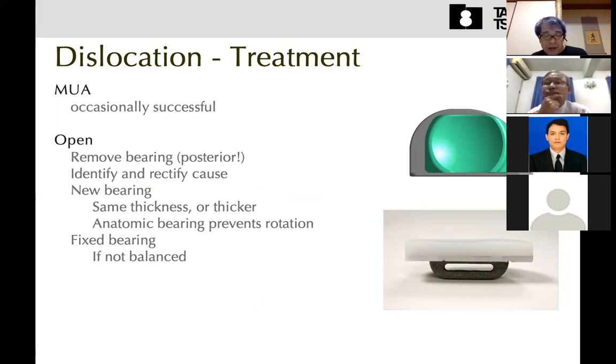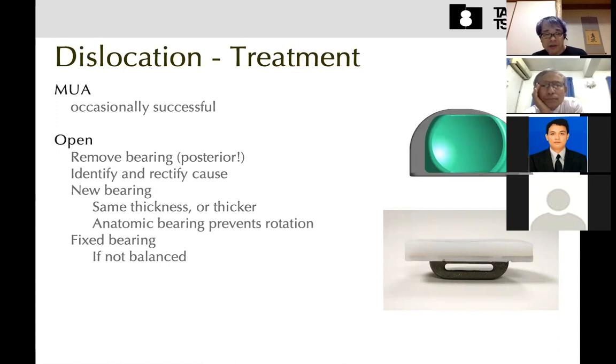Sometimes it is very difficult because it moves too posterior or too anterior. So sometimes we need to reduce the dislocated bearing using the fluoroscope. And we need to identify the cause of dislocation. So check the impingement both anteriorly and posteriorly.